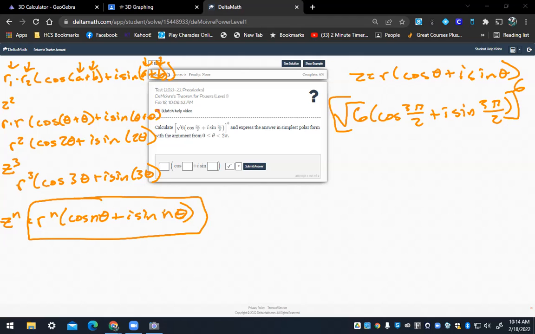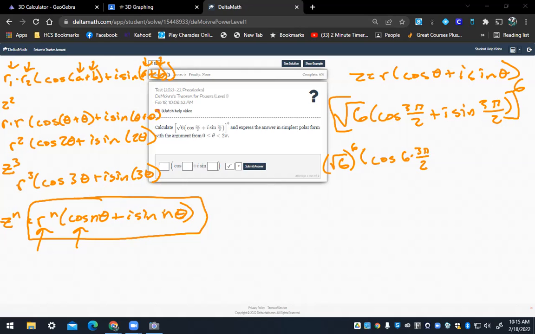All right, so check this out. We're going to do R to the 6th in this case, so the square root of 6 to the 6th power. That's the first part of DeMoivre's theorem. Then we're going to do cosine of n theta, so cosine of 6 times 3 pi over 2.